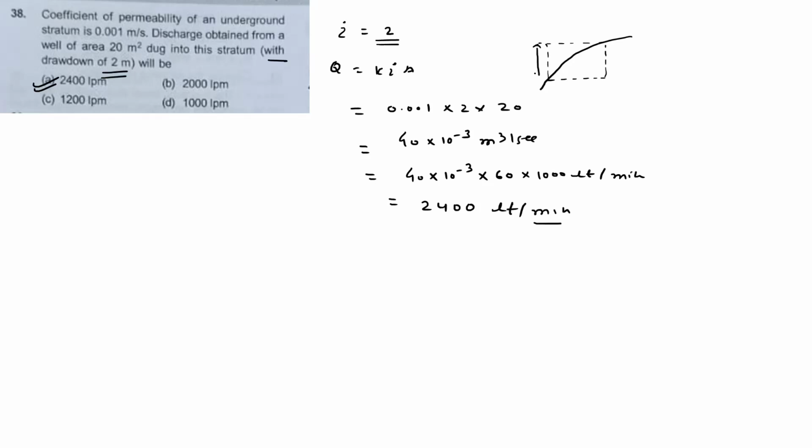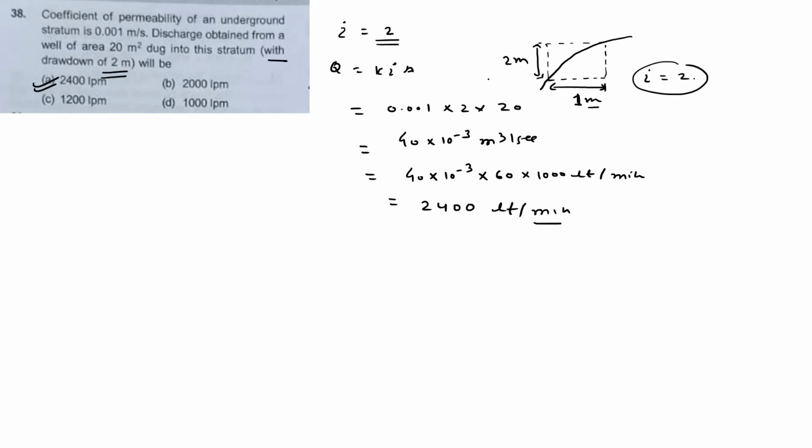There is 2 meter drawdown per unit length. We move in this direction. So there I is equal to 2. Okay. So I is equal to 2.